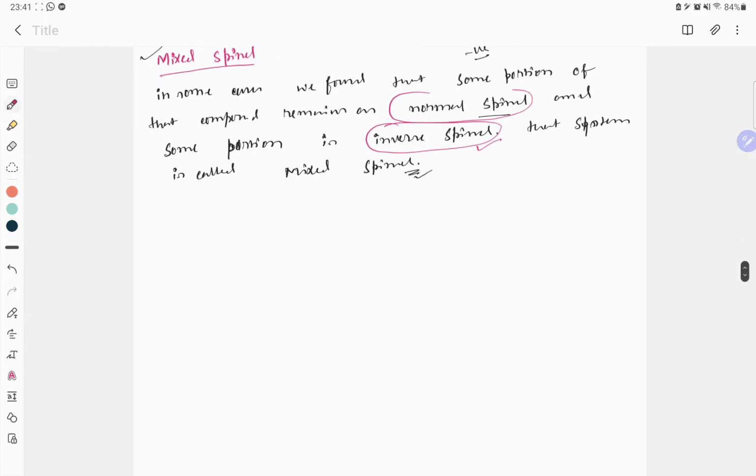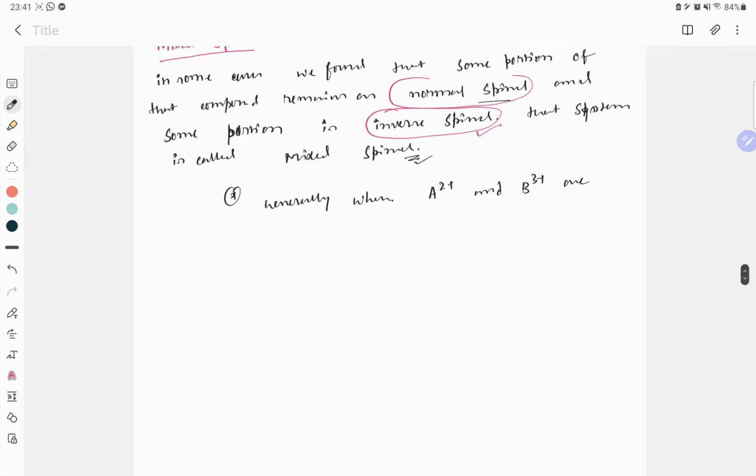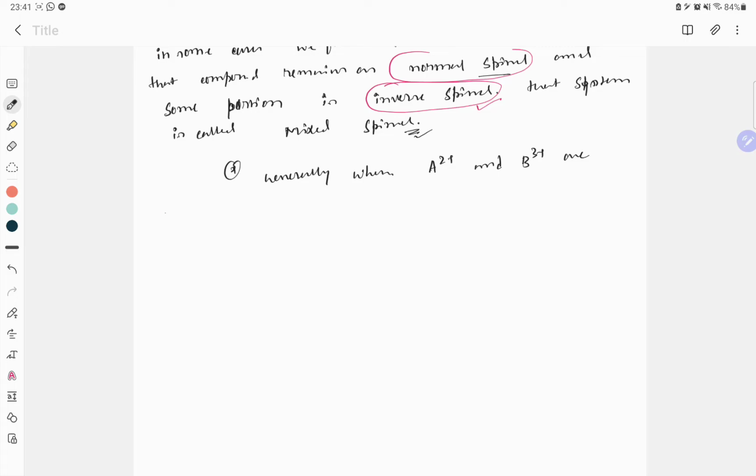Where is it found? Generally when A2+ and B3+ are comparable in size, then the system will be a mixed spinel.